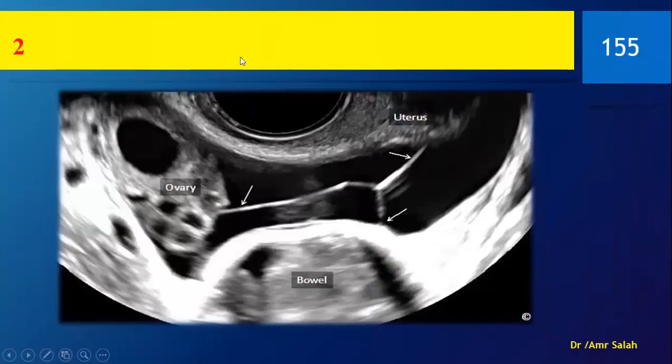Okay, what do we see here? We see an ovary with its follicles as such, and some free fluid, and a septum for adhesions. This means, bravo, a peritoneal inclusion cyst. Next.